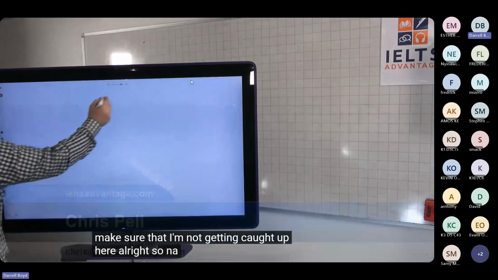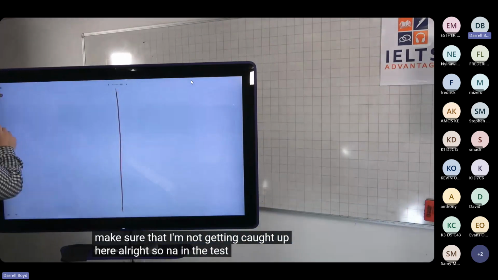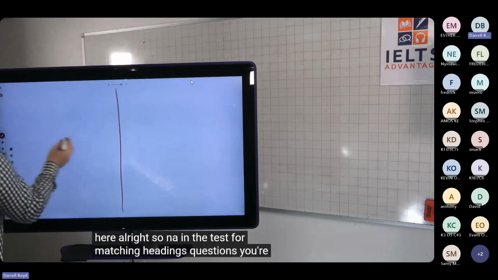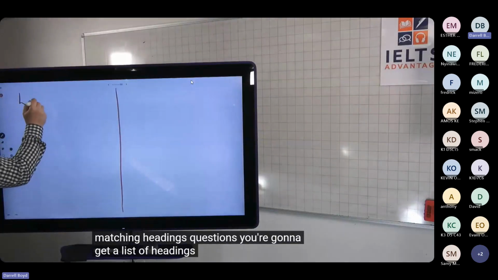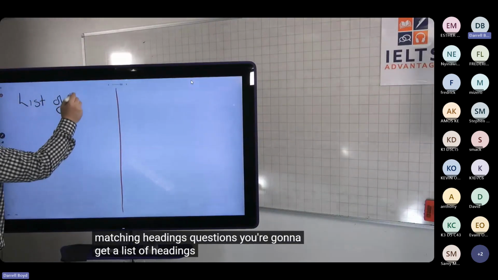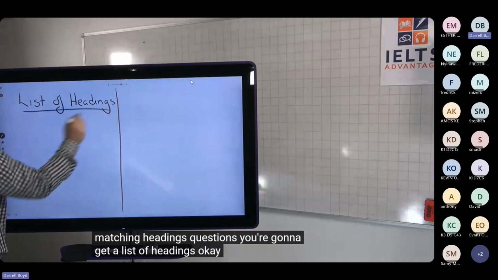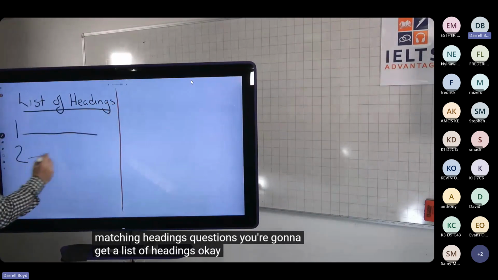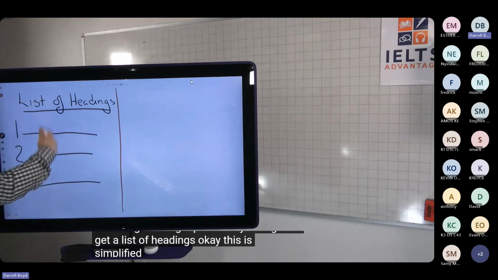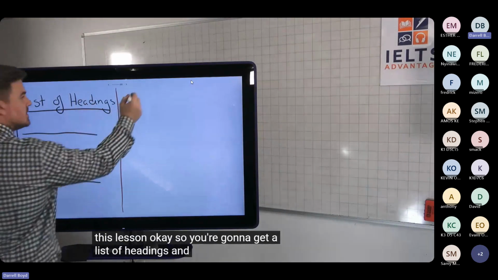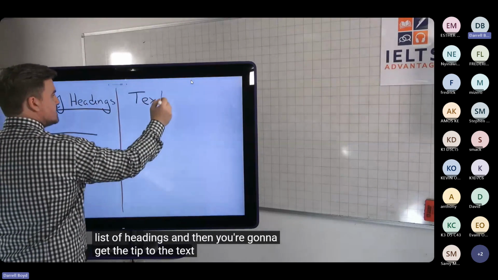All right, so in the test, for matching headings questions, you're going to get a list of headings. This is a simplified version to teach this lesson. Okay, so you're going to get a list of headings, and then you're going to get the text.